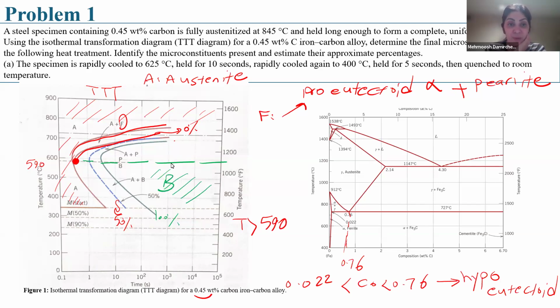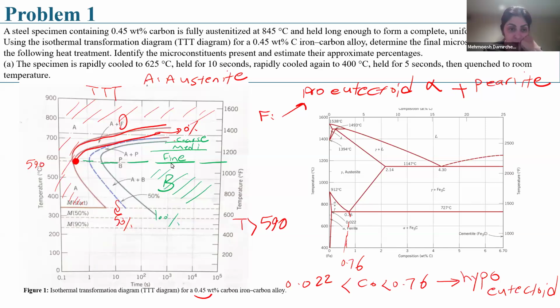Above that we have pearlite. Here, for example, is fine. Here we have medium. And here, up to another dashed line, it is coarse pearlite. So it completely relates to the temperature.